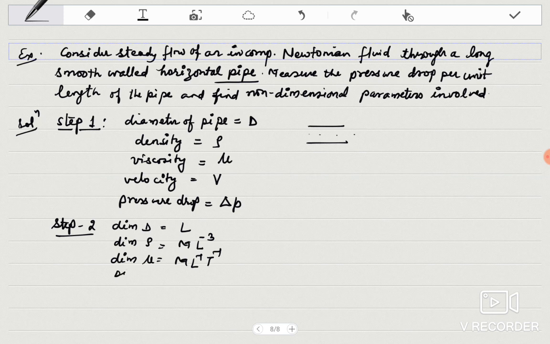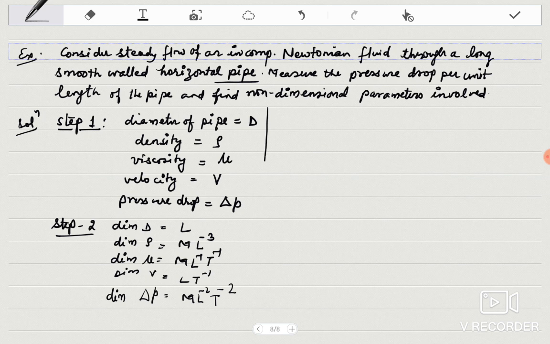Then dimension of V, it is length per unit time. And dimension of delta P, pressure, it is M L minus 2 T minus 2. So under step 2 we write the dimensions, and next we come to step 3.